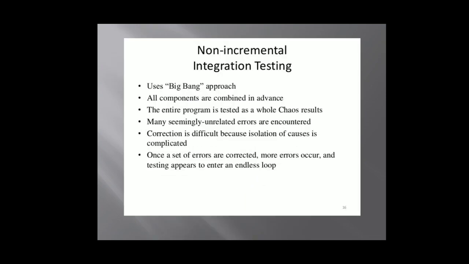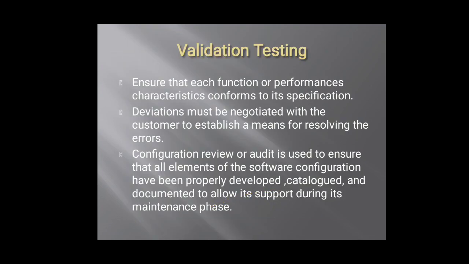The next is validation testing. As it was defined at first, validation means checking the values. It ensures that each function or performance characteristic conforms to its specification. Validation is done not only on the interface but on your whole design or whole system.